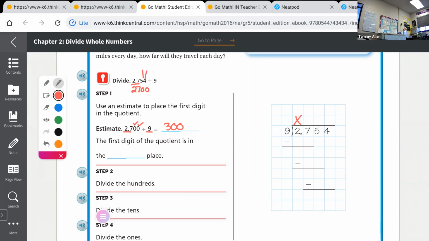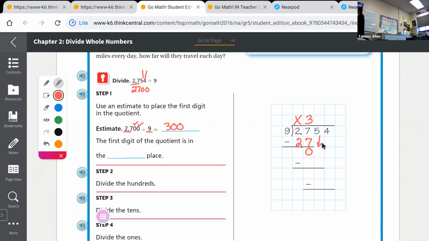3 times 9 goes into 27, everybody? Three. And 3 times 9, everybody, is 27. And we subtract and we get 0. We bring down the 5.